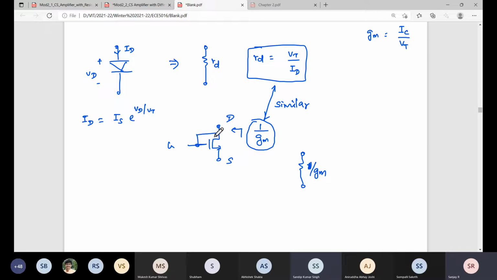Since gate and drain are connected, this becomes a single terminal. Ideally, MOSFET is a 3-terminal device. With gate and drain connected, it becomes a 2-terminal device such that impedance is similar to the diode resistance. So that's what is called a diode connected device.